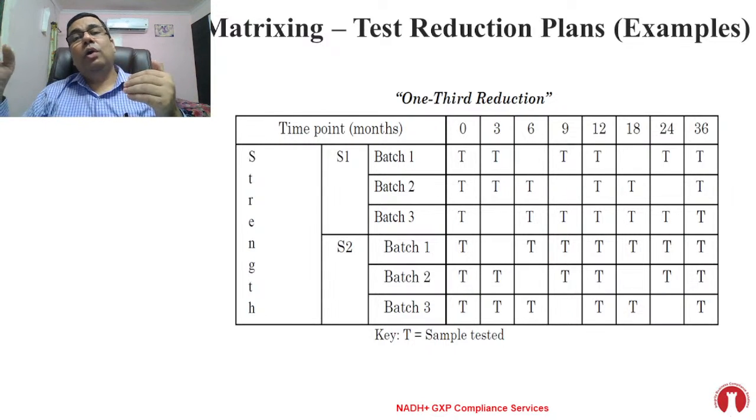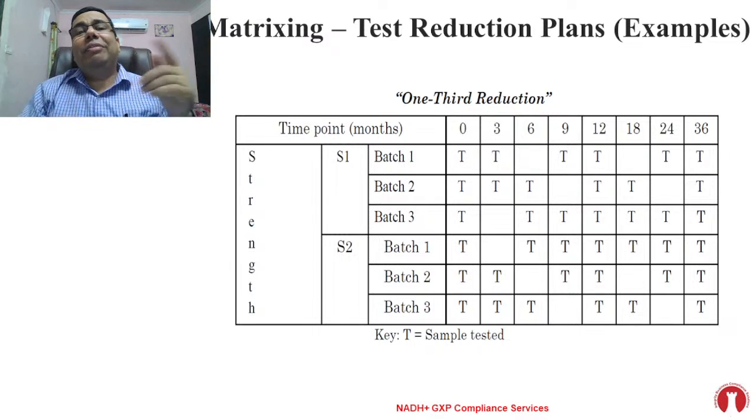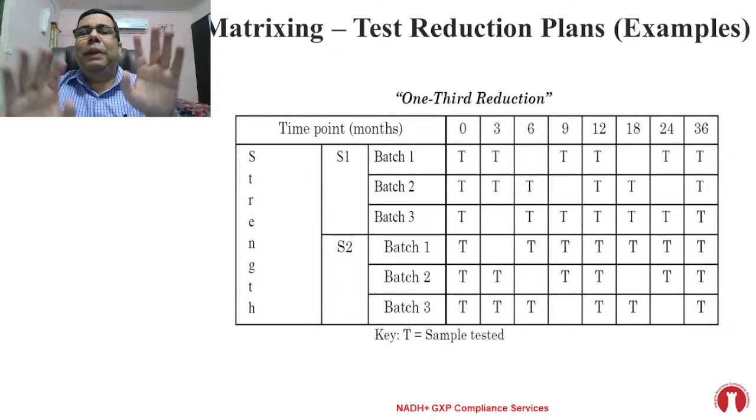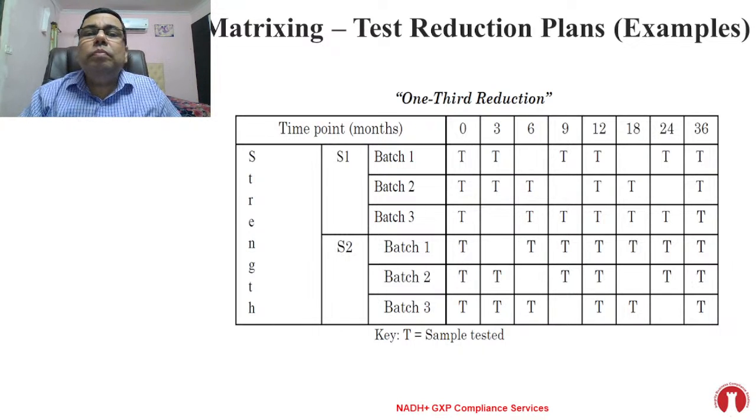1/3 reduction. That was 1/2 reduction. Now this is the same example here. Whatever example we discussed in the 1/2 reduction, the same example is displayed here. Only the testing is planned in such a way that it is a 1/3 reduction. You can see here, same way, two strengths S1, S2, each strength has batch 1, 2, 3, and each strength is charged for stability study from 0 time point to 36 month time point.